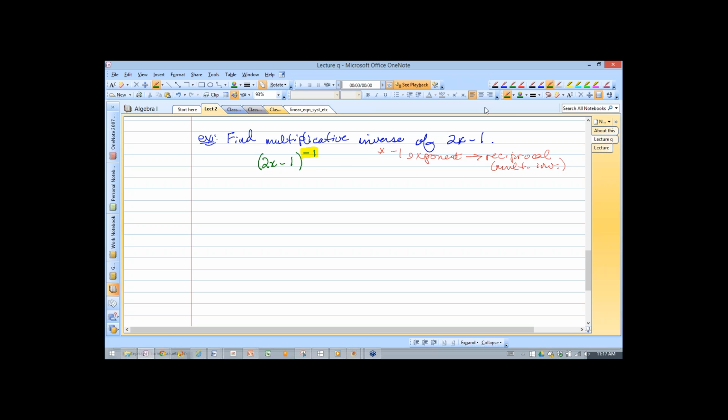Remember that this is over 1, and you just simplify that negative 1 exponent. So it becomes 1 over 2x minus 1. Now I can't do anything with this as it is given to me here, so this is what I would give for my answer.